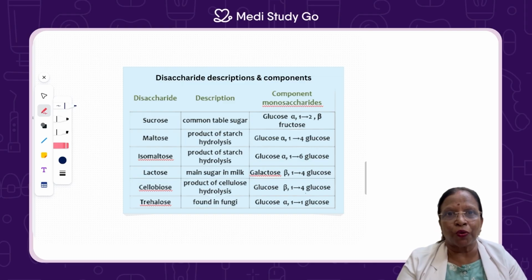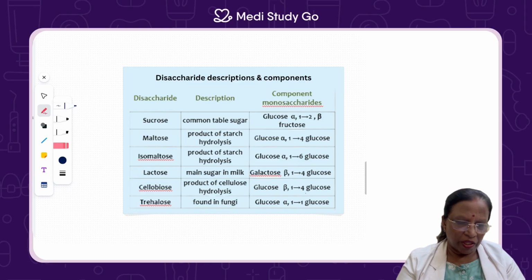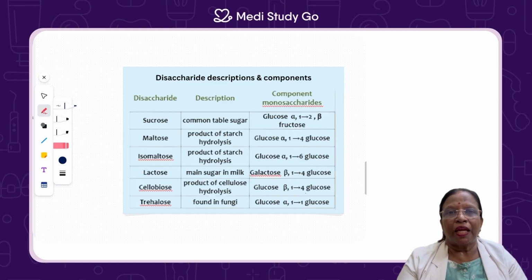Lactose is milk sugar. It is made up of galactose and glucose linked by beta 1,4 glycosidic bond. Cellobiose is the disaccharide produced on hydrolysis of cellulose. It is 2 glucose units linked by beta 1,4 glycosidic bond. Then we have trehalose, which is a fungal product.